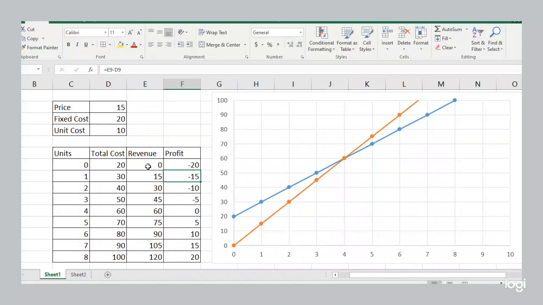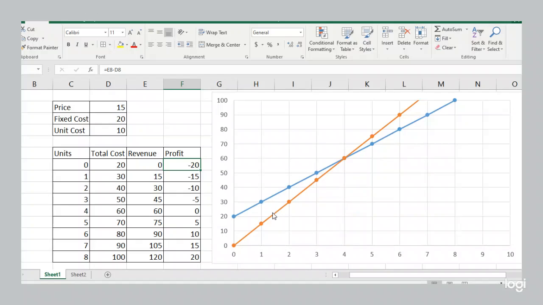But because revenue is increasing by 15 each time, whereas total cost is increasing by 10 each time, eventually the profit line will catch up, and eventually our profit becomes 0. That's breaking even. After that, our revenue is now bigger than our total cost, and so our profit becomes positive. Profit is literally the orange curve minus the blue curve.